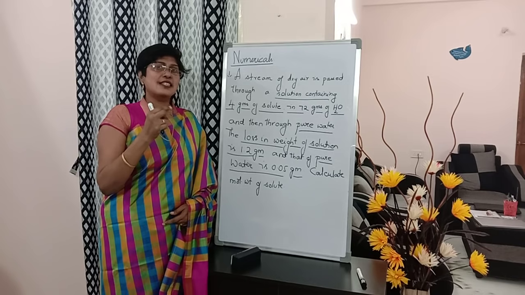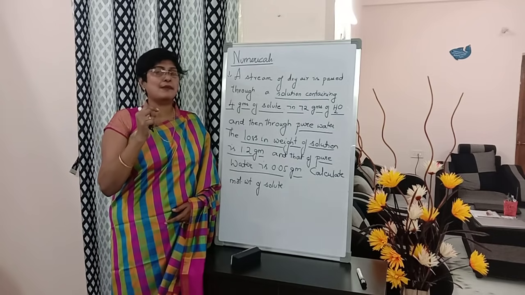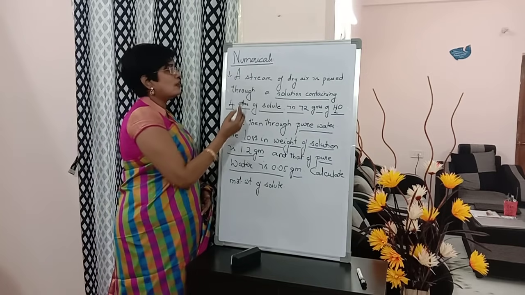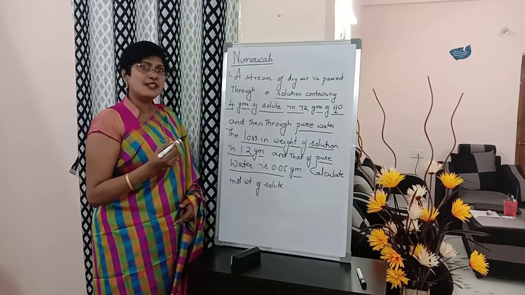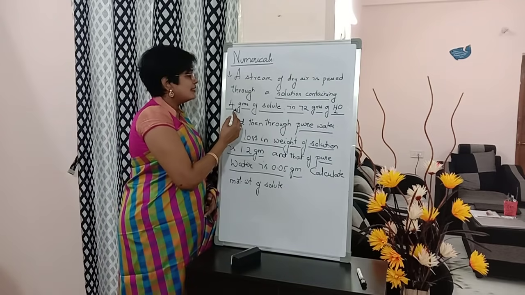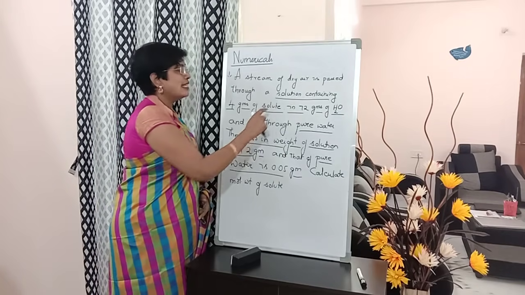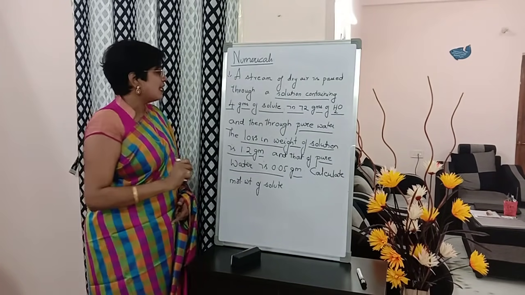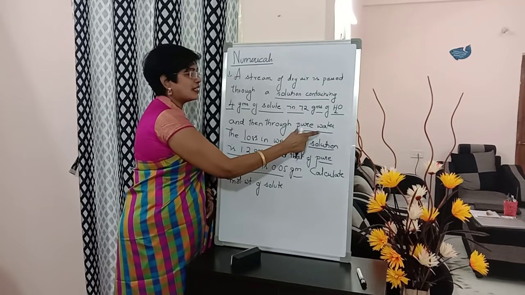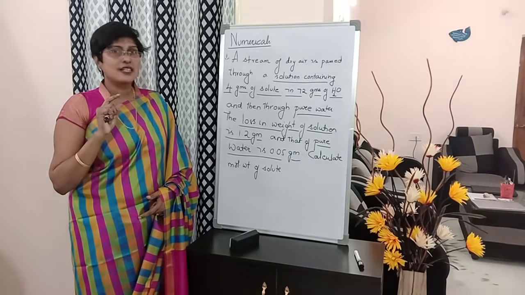The first bulb has solution, the second bulb has solvent. Do you remember? So here also the stream of dry air passes through a solution containing 4 grams of solute and 72 grams of water. That means this portion is in bulb A, students. Then through pure water, so this is bulb B, which has pure solvent.